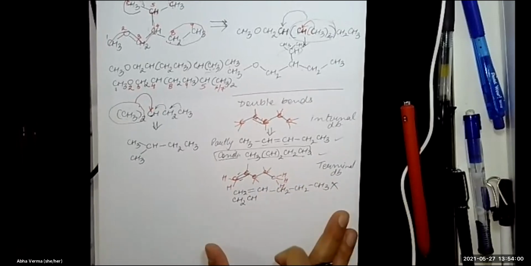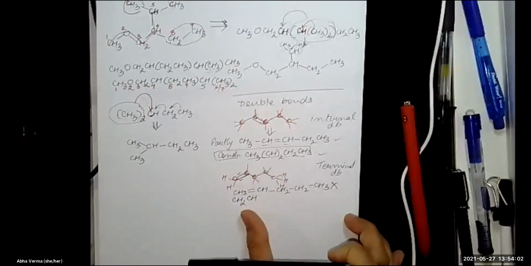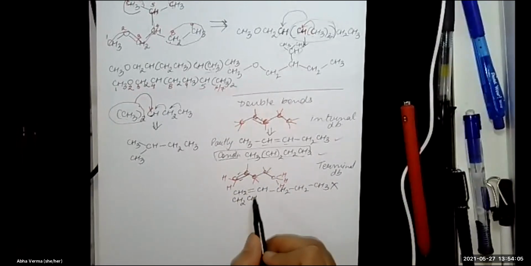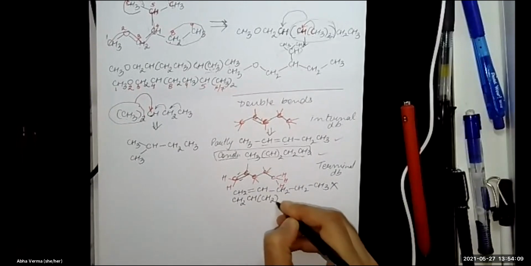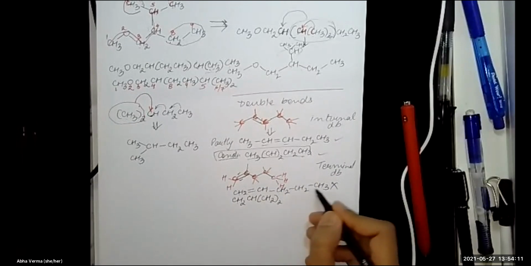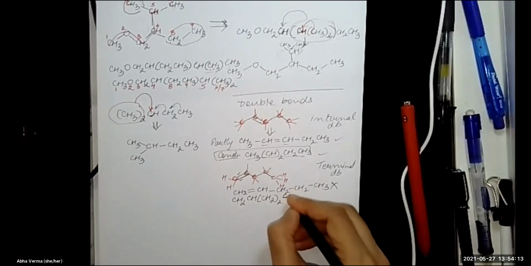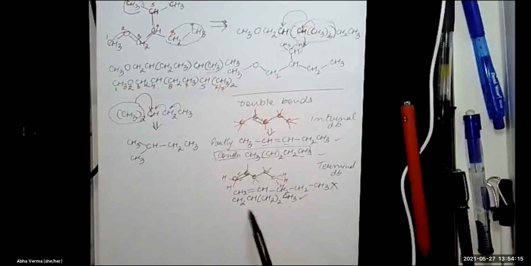This is not my answer, but I'm leading up to that. So I'm writing CH2, CH, 2 CH2 repeating units, which are next to each other, and then CH3. So this is my condensed formula or condensed structure answer.